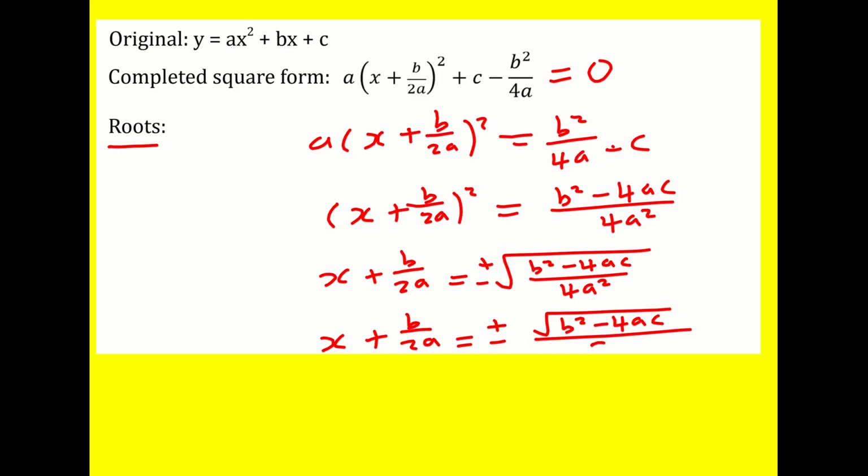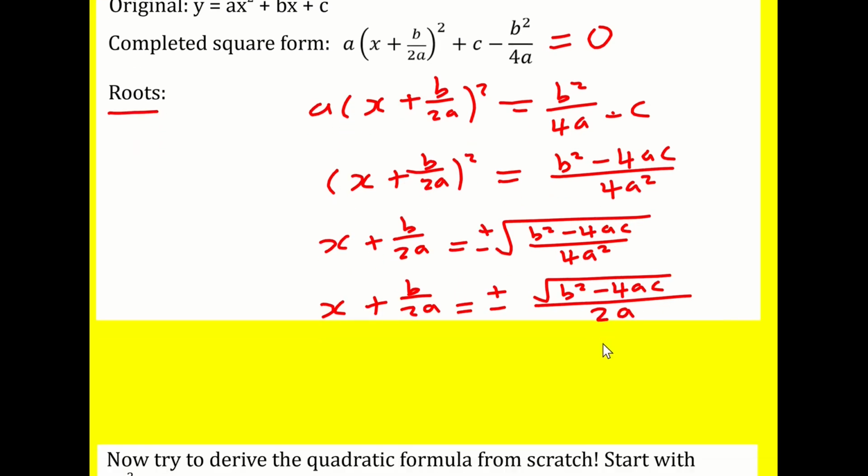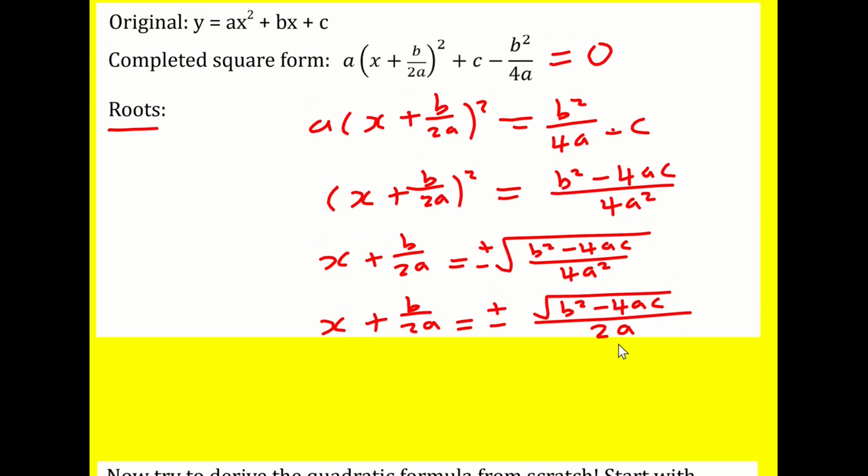But that simply becomes 2a. I've done that quite quickly, but I'm hoping that's all right. And then I'm going to minus b over 2a from both sides, so it's going to become minus b over 2a. But the thing is, I can put it all over 2a, and I get this as my final answer.